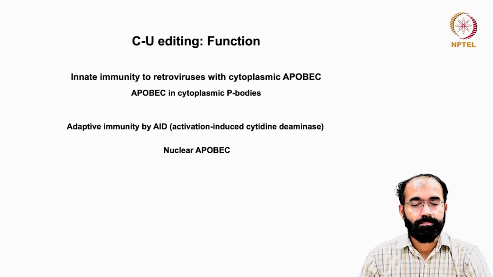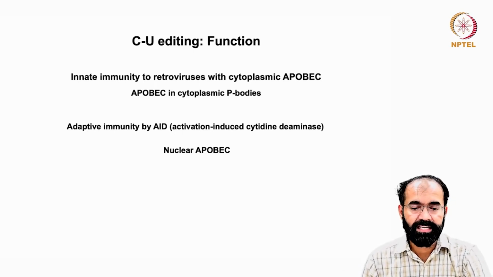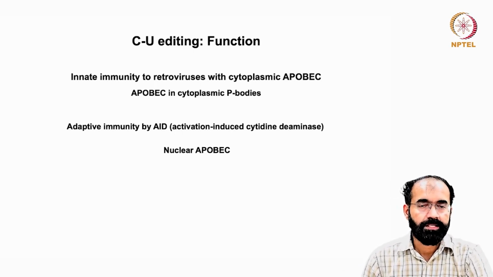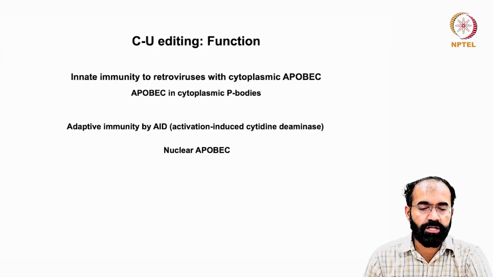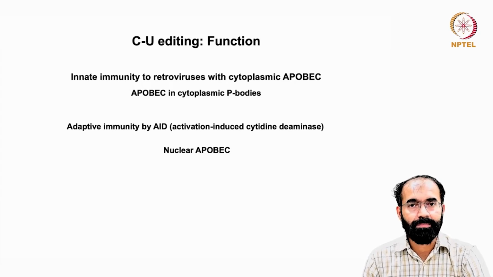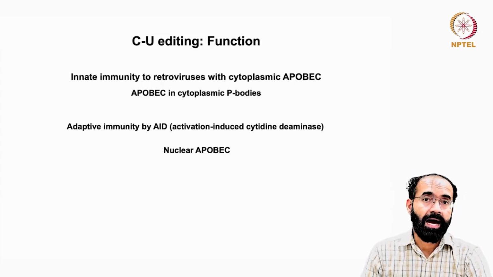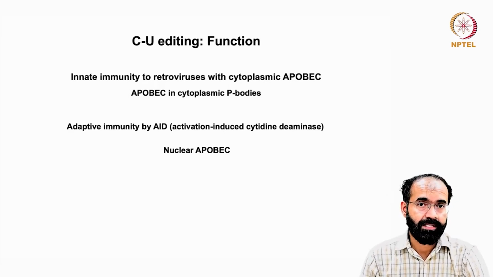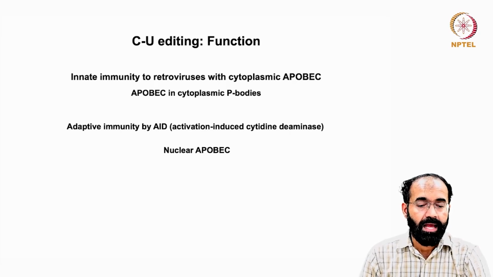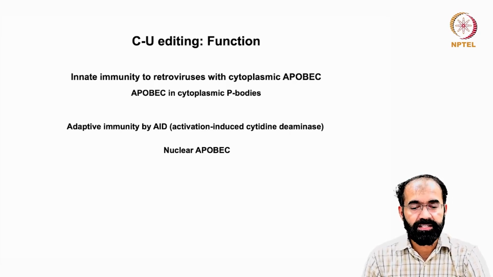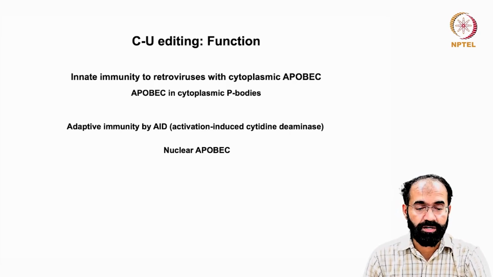Now let us see another angle of the functioning of the CU editing. So the innate immunity to retroviruses with cytoplasmic APOBEC. APOBEC can be nuclear as well as cytoplasmic. So RNA can be edited in both places depending upon which RNA you are talking about. And APOBEC is associated with cytoplasmic P bodies. And the adaptive immunity by AID.